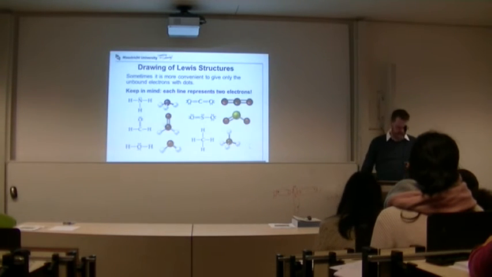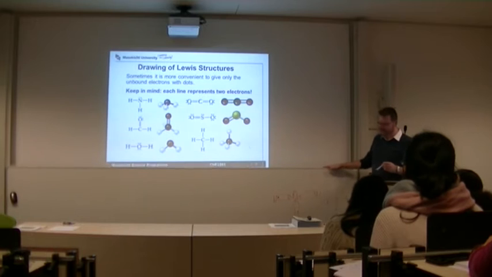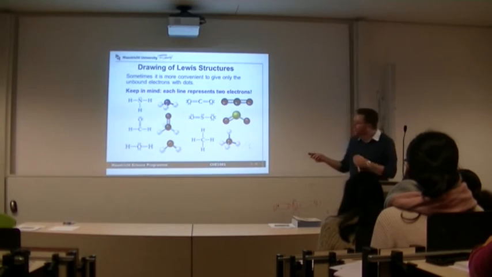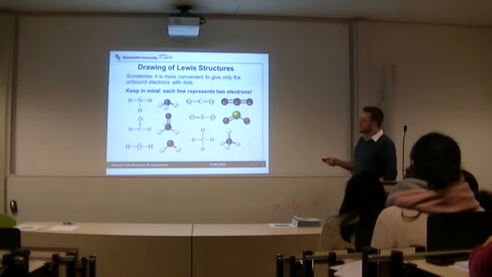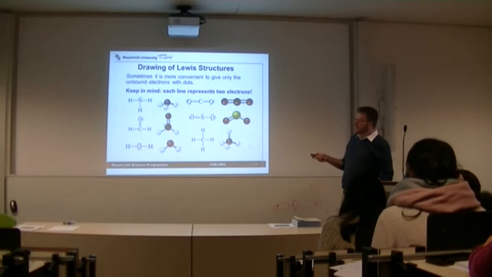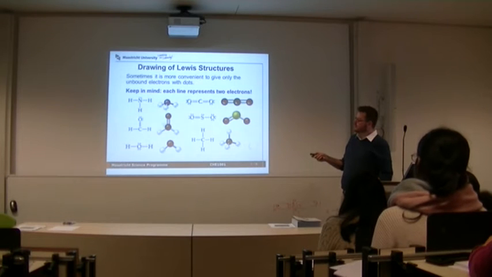What I have on the next slide here are some ball and stick models for a variety of molecules. Here we have ammonia. We're going to get to these shapes in a moment. But anyway, these are models of these molecules.